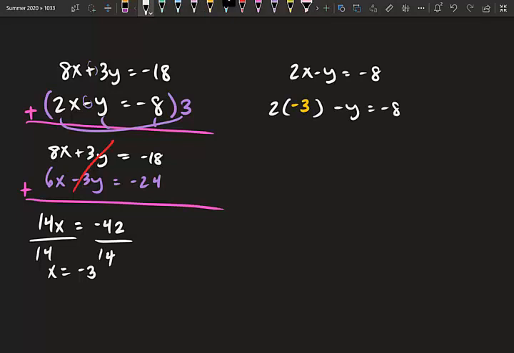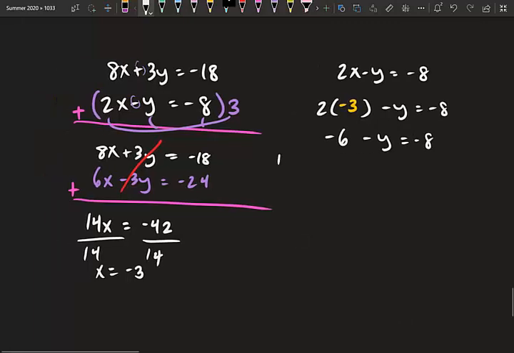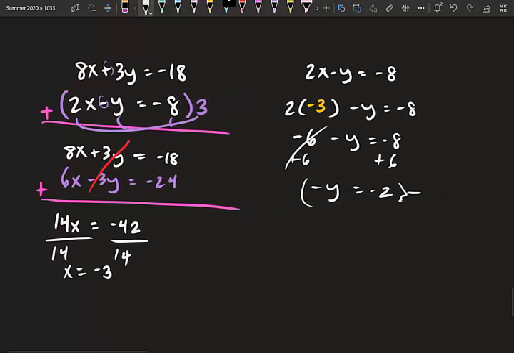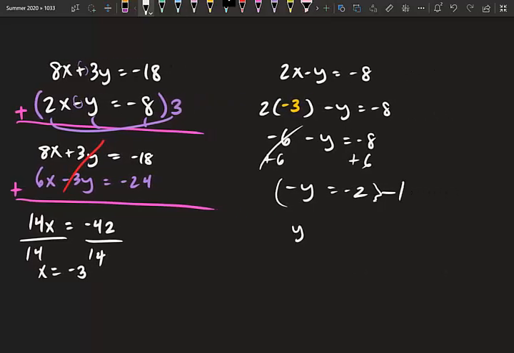So 2 times negative 3 is negative 6 minus y equals negative 8. Add 6 over. We have negative y equals negative 2. Divide by negative 1. So we get y equals 2. That means our solution is negative 3, 2. Remember, that's the point. So if we were to graph them, they would cross exactly at negative 3, 2.